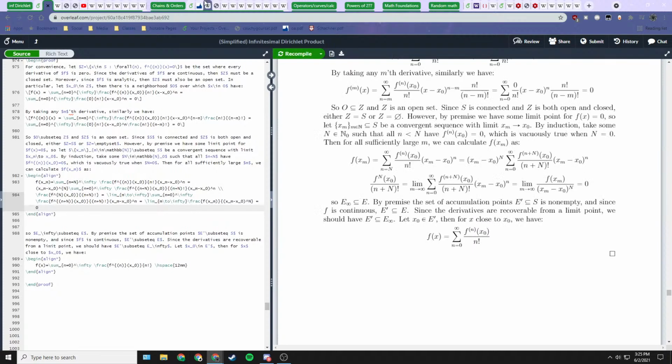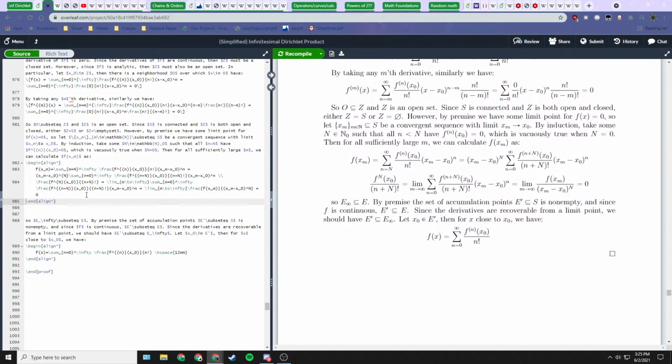Okay. So just to check again, x_m is the summation, factor out these terms, the nth derivative of f at x0. Let's make sure I put parentheses there. The nth derivative at x0 divided by (n plus N) factorial is this limit as m goes to infinity.